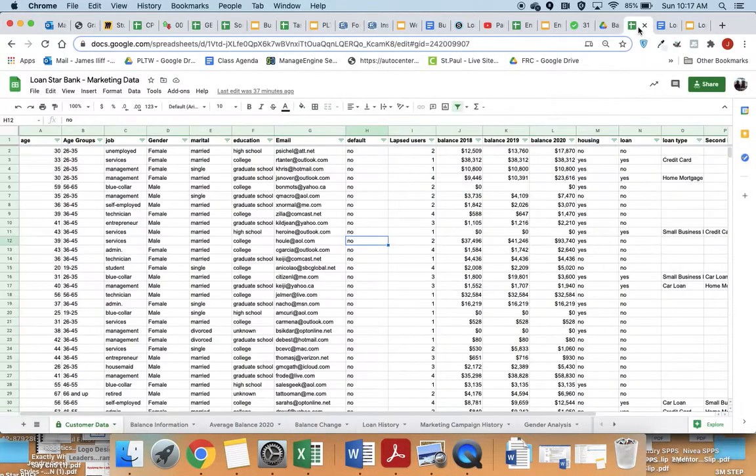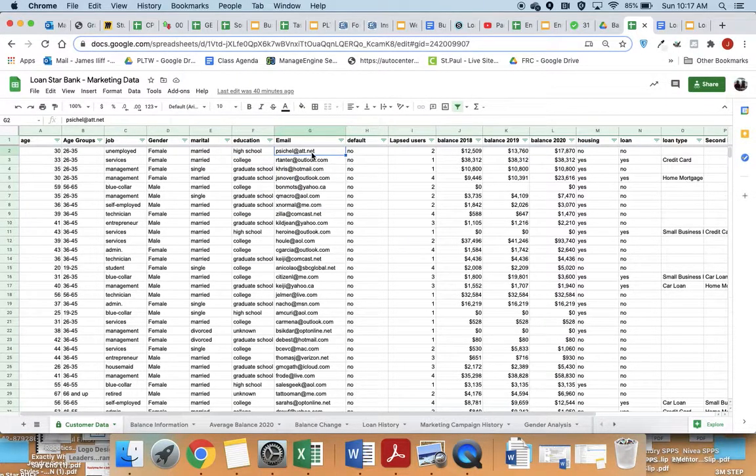When we come over here and look, you're going to see them at the top. Here's age for this customer. This customer is 30 years old, so obviously they fall into this age group of 26 to 35. This individual happens to be unemployed. She's female. She's married. She has a high school education. Look, we have her email.